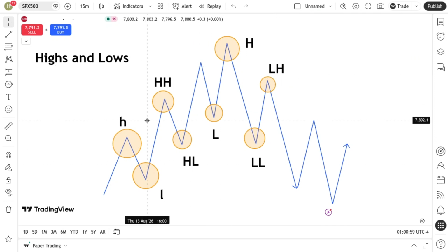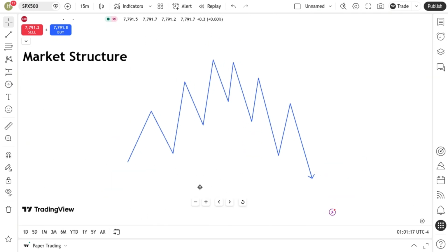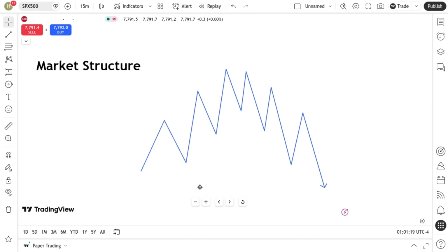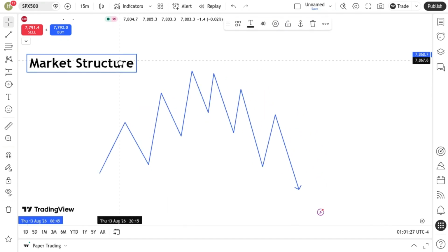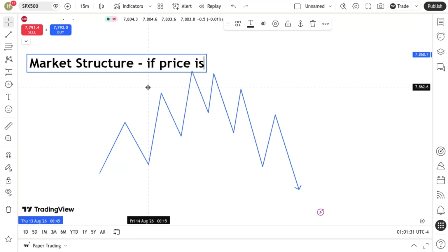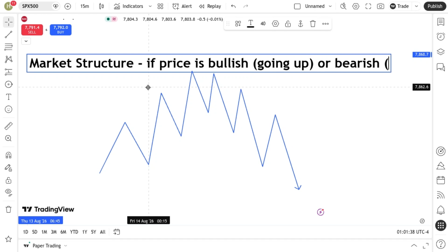So this is going to go hand in hand with the next part that I'm going to teach about. So now we're going to talk about market structure. Market structure shows us essentially if price is bullish, which just means going up, or bearish, which just means going down.